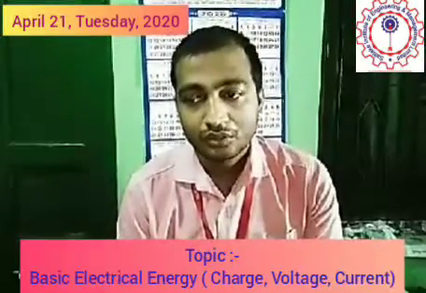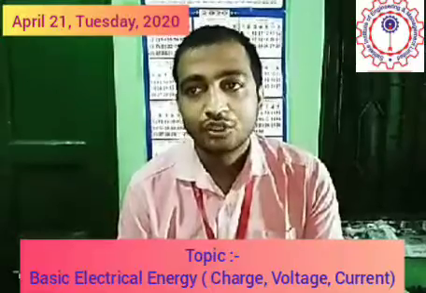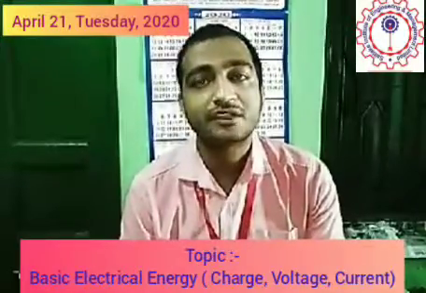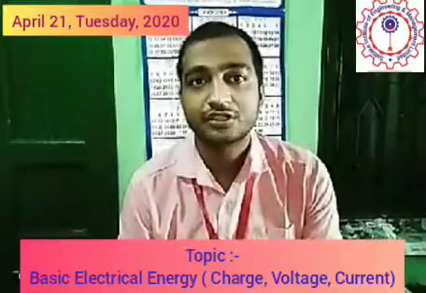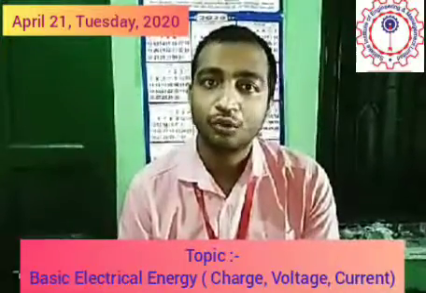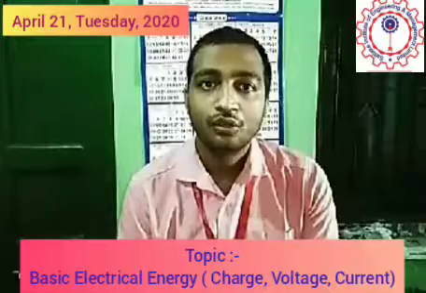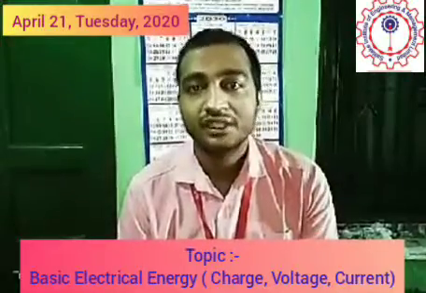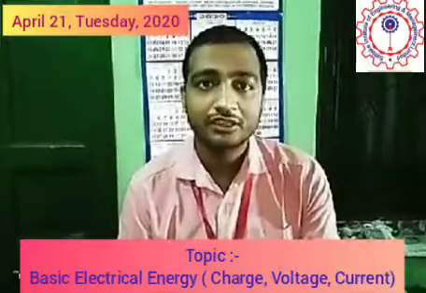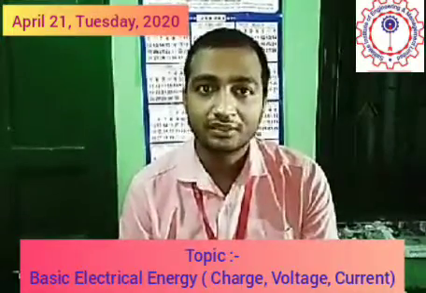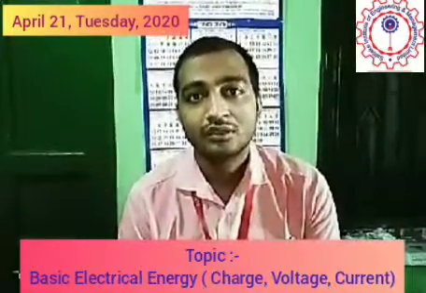Without charge, no potential difference will occur. Without any potential difference, no current will flow. So here charge, voltage and current, these three are related with each other and one depends on another.